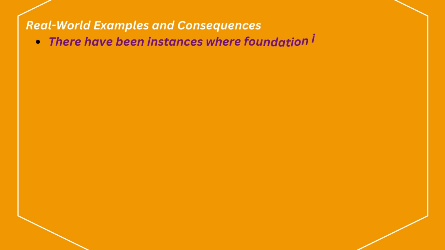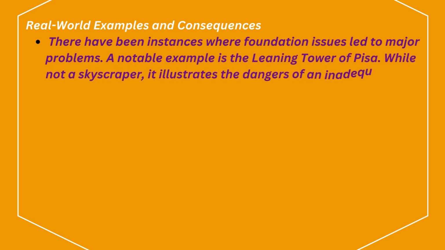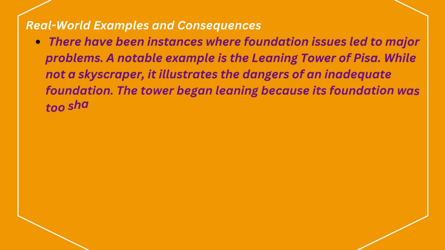Real-world examples and consequences. There have been instances where foundation issues led to major problems. A notable example is the Leaning Tower of Pisa. While not a skyscraper, it illustrates the dangers of an inadequate foundation. The tower began leaning because its foundation was too shallow and the soil beneath was unstable.